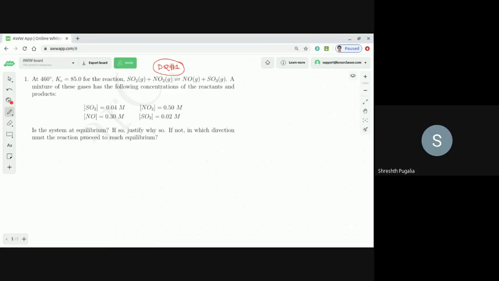Sir, not in equilibrium. Okay. And forward reaction. Yes, sir. Even I got this, sir. Forward reaction, sir.